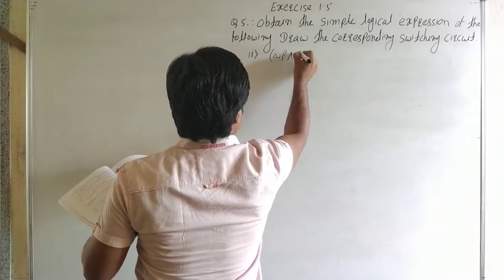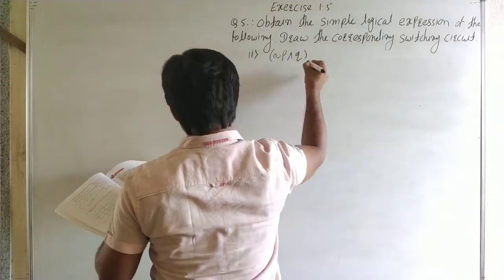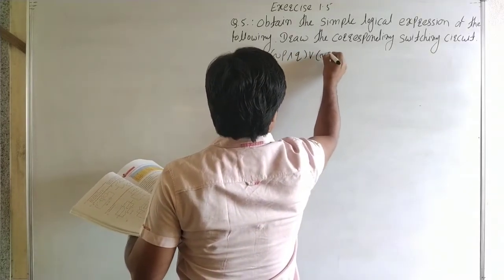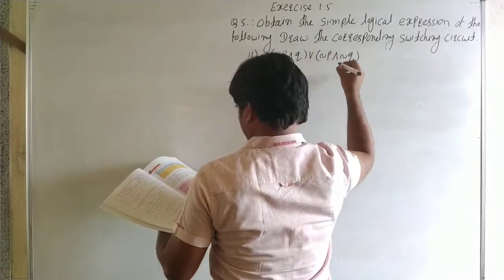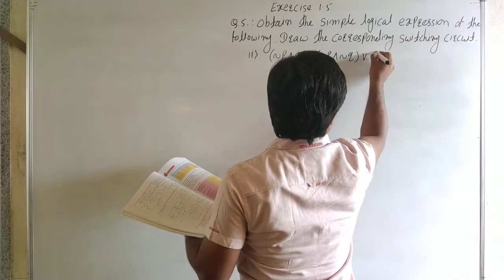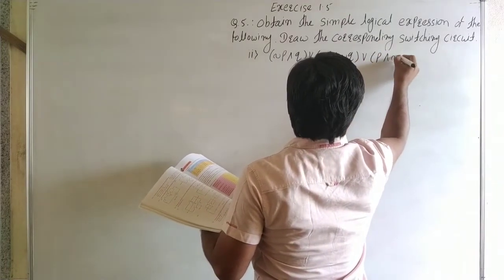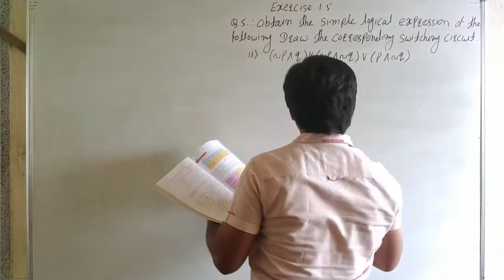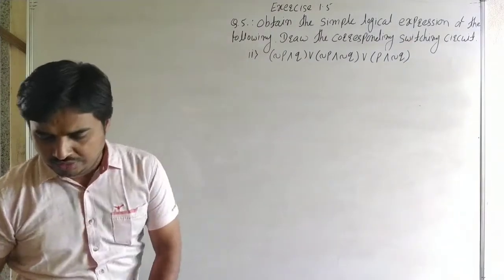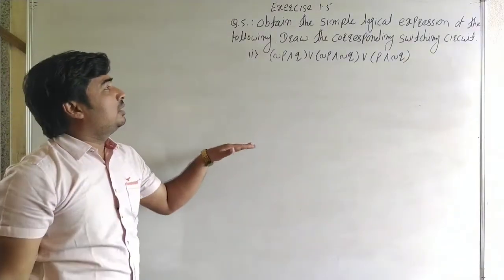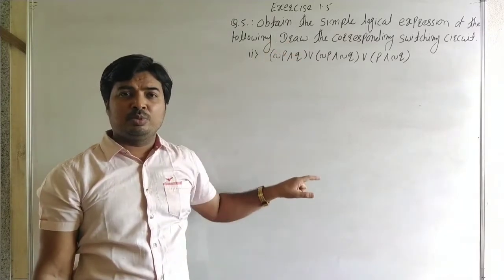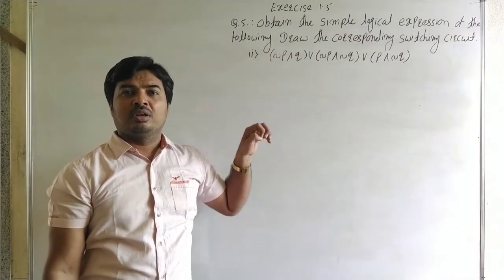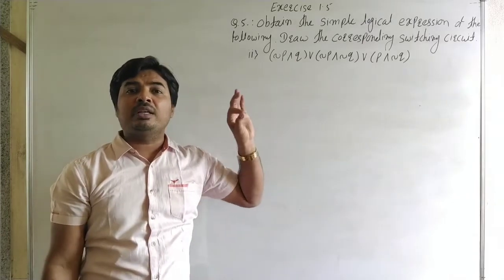Negation P and Q, or negation P and negation Q, or P and negation Q. Now here it is the given logical expression. First we want to simplify this, and after simplification we construct the switching circuit for the simplified statement.